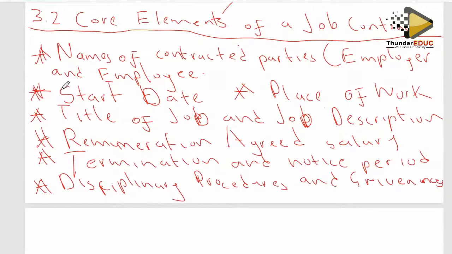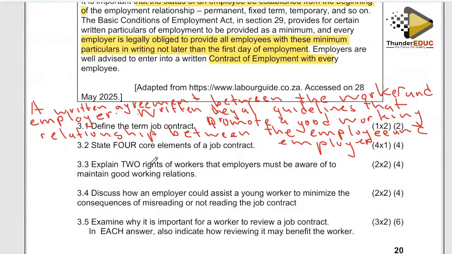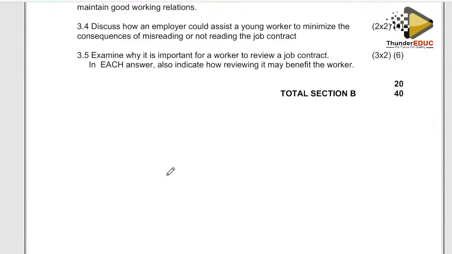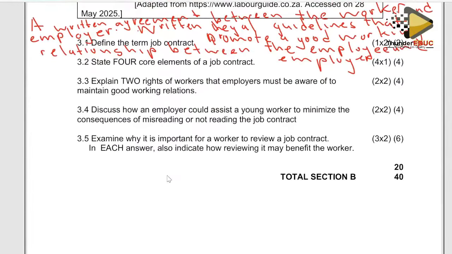Now, moving on to 3.3, explain 2 rights of workers that employers must be aware of in order to promote good working relations. So for this one, this is 3.3. I would write it below 3.3.